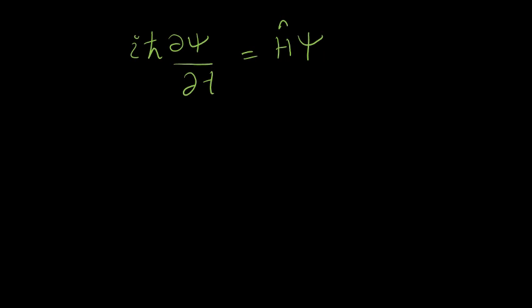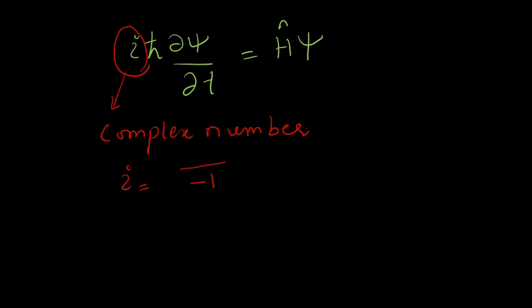So here you have the term iota. This term is a complex number. Iota is a complex number, and iota equals the square root of minus 1.